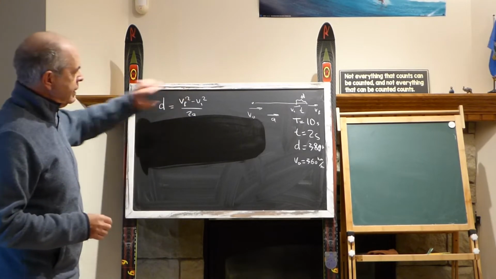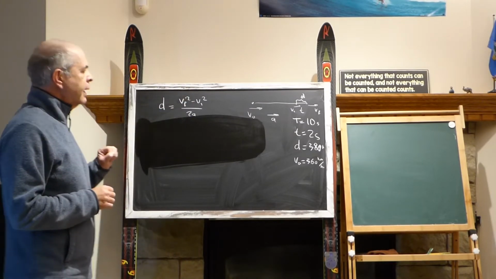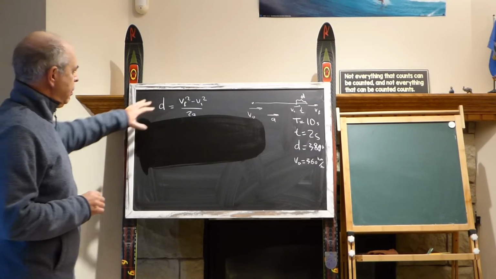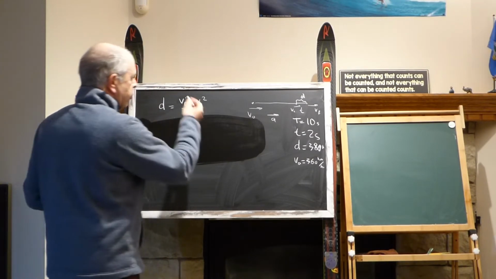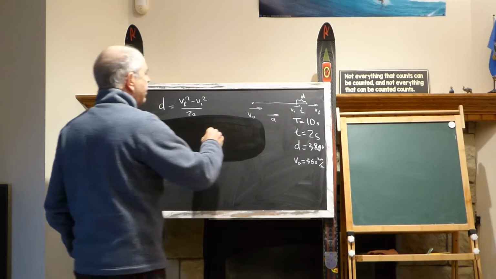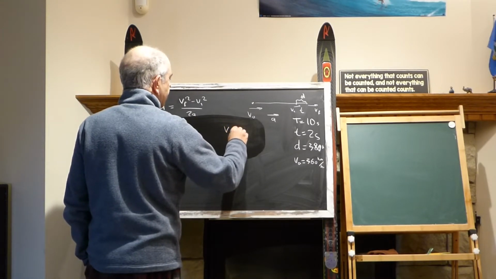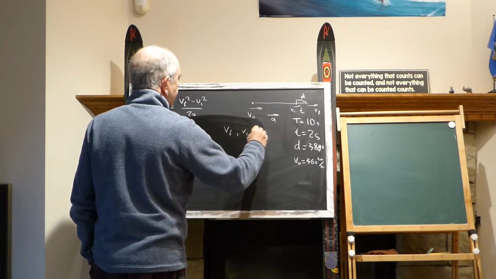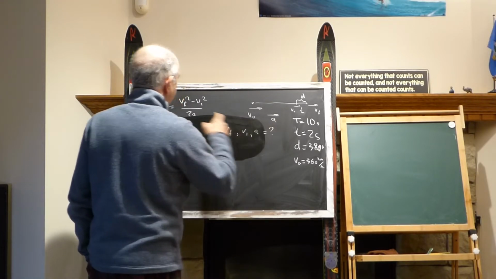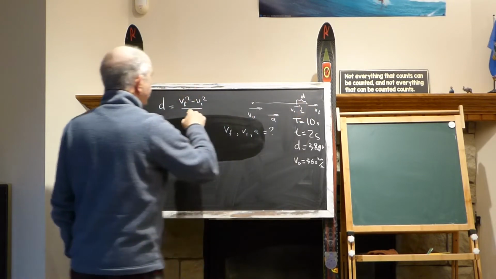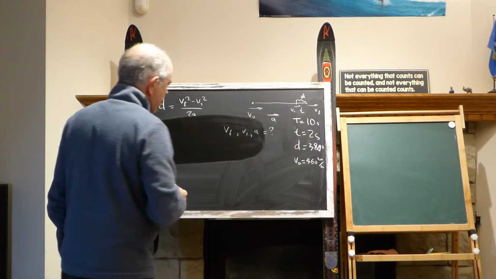Okay, so this is the first formula that we can have here, d. And we can immediately see that there are 3 unknowns: v final, v1, and a. v final is this speed, v1 is at that point, and acceleration is what is asked.